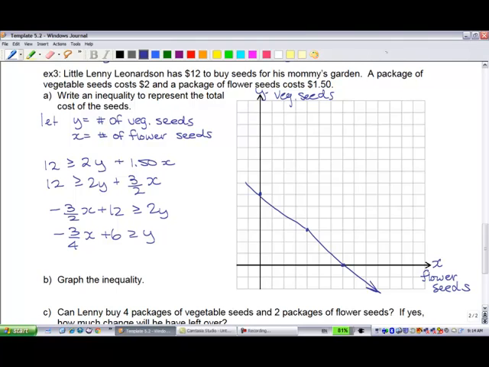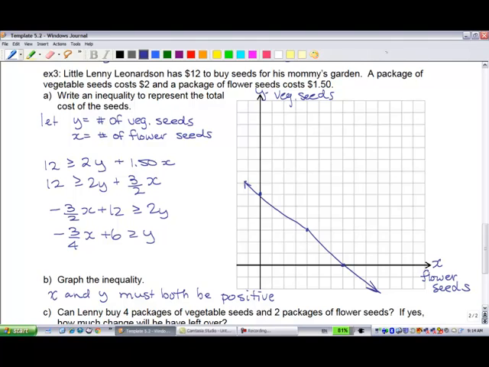I know mine looks like it has a bit of a kink in there. It's not supposed to really be in there. If we think about this, there are some restrictions that do occur. X and y must both be positive. It doesn't make sense to say that he can buy a negative amount of seeds.